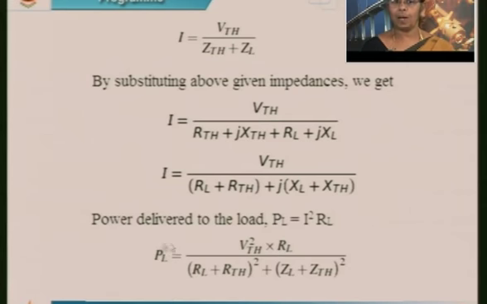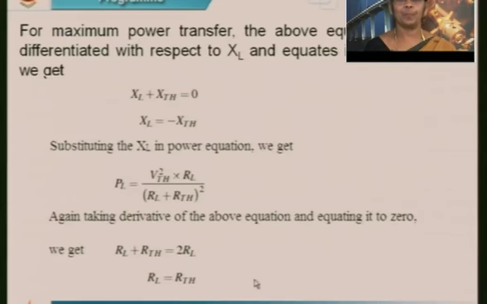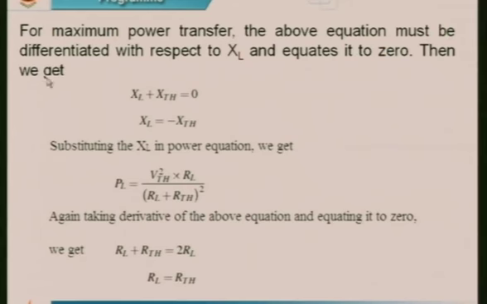So you have the expression for power delivered to the load circuit. Once you have this expression, differentiate it with respect to RL separately and XL separately, and then get the condition. It is actually XL plus X Thevenin, not ZL plus Z Thevenin. It should be XL plus X Thevenin. Next, for maximum power transfer, the above equation must be differentiated with respect to XL and equated to 0.